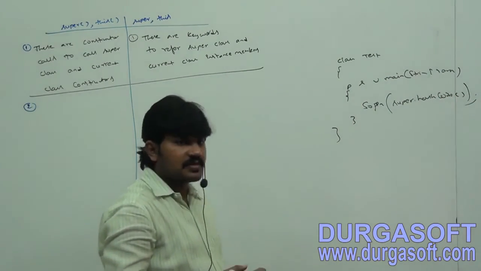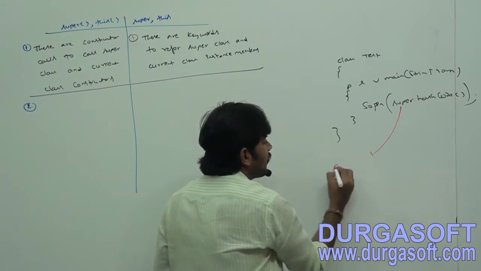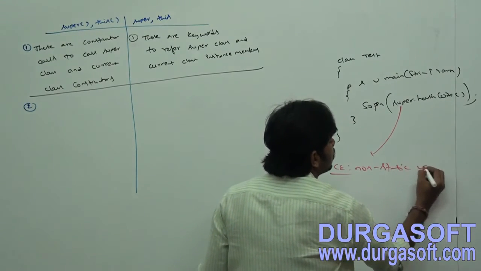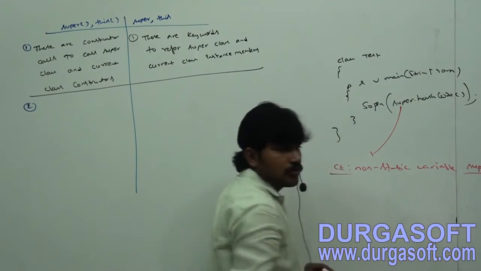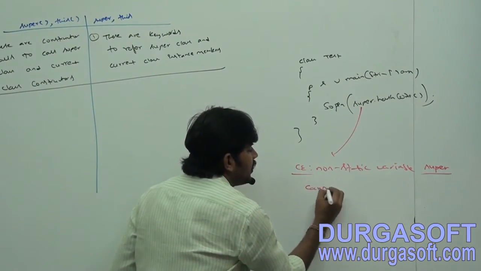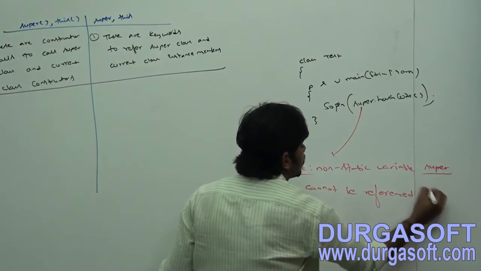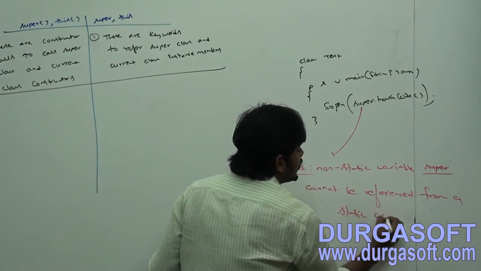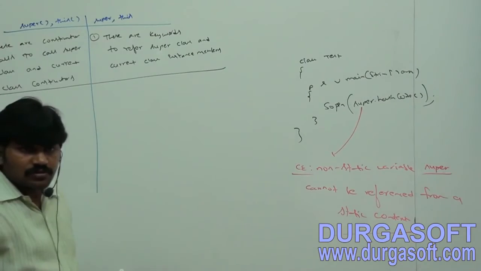If I write it like this and compile, you are going to get the error: non-static variable super cannot be referenced from a static context. Make sure you are aware of this.